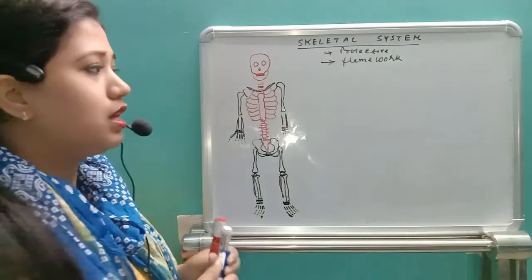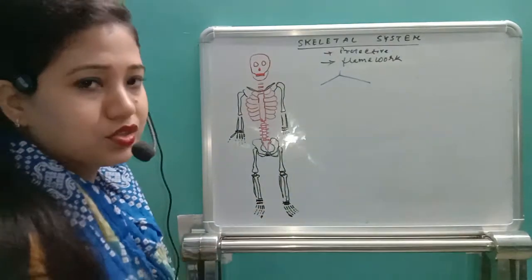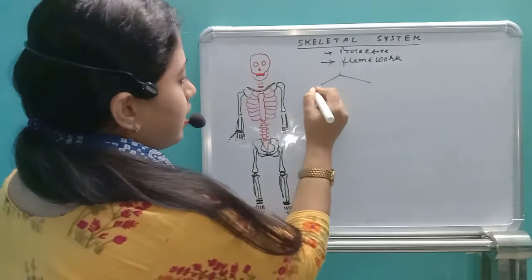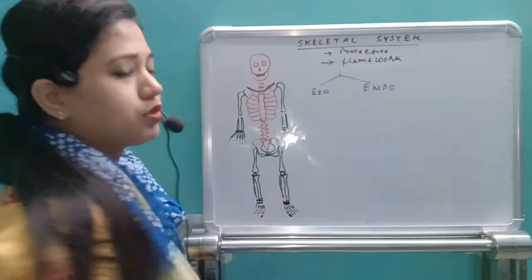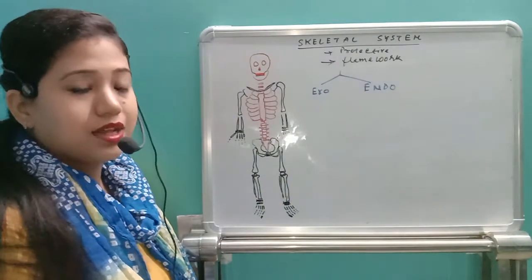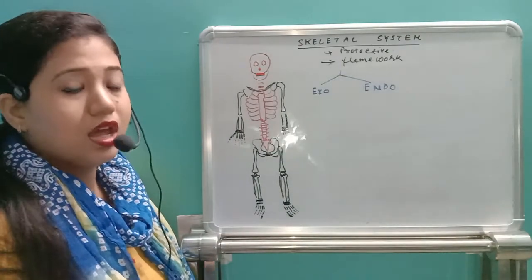The skeletal system is divided into two parts here. One is the exoskeleton and another is the endoskeleton. Living or dead, exoskeleton and endoskeleton will be there in that individual.